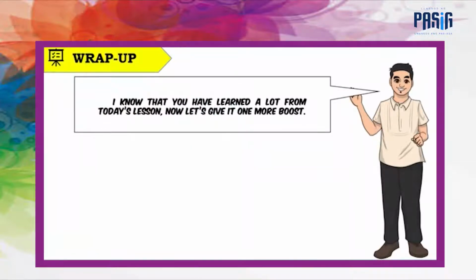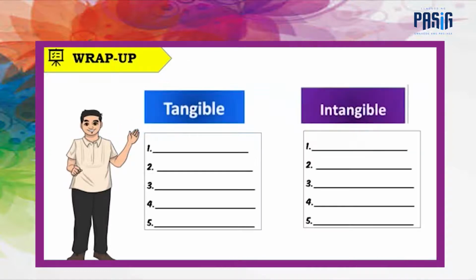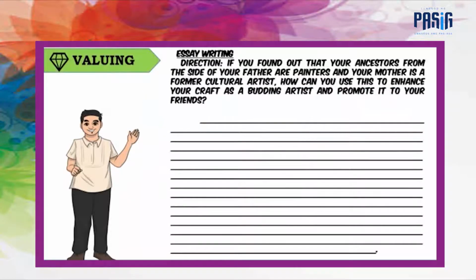I know that you have learned a lot from today's lesson. Let's give it one more boost. Write at least 5 examples of the following. You may write your answer right after our video presentation. For our valuing, let us write an essay.